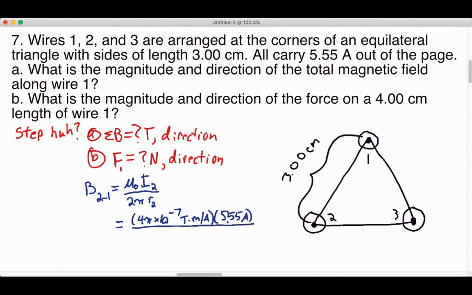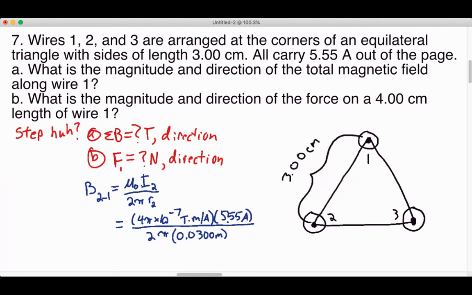So that's I, and this is divided by 2 pi, and the distance, it's 3 centimeters, which I'm going to write as 0.0300, just for good measure, meters. You could also write that as 3.00 times 10 to the minus 2, which is another way to write 3 centimeters, but that's how I wrote it.